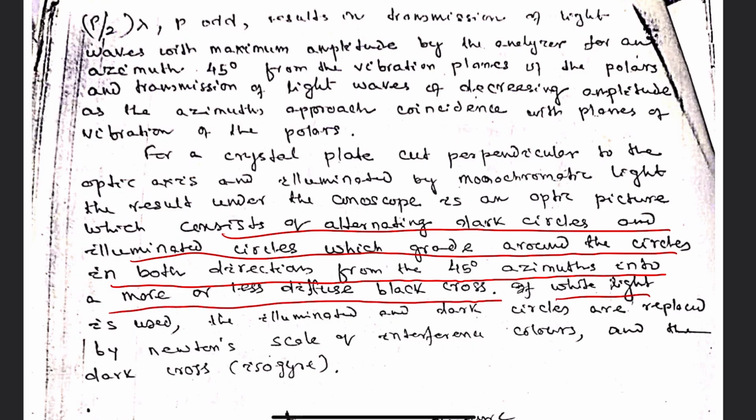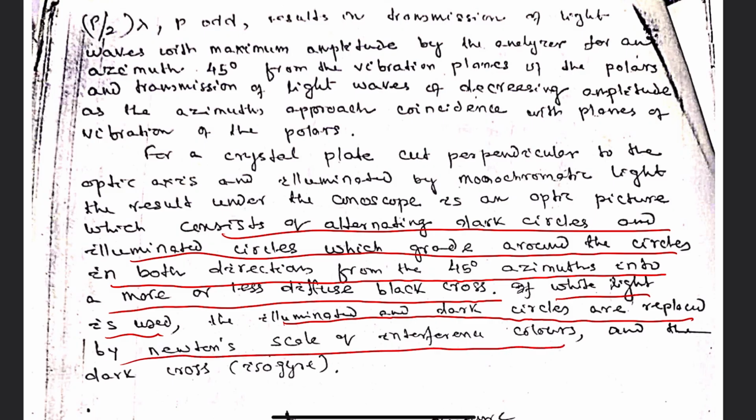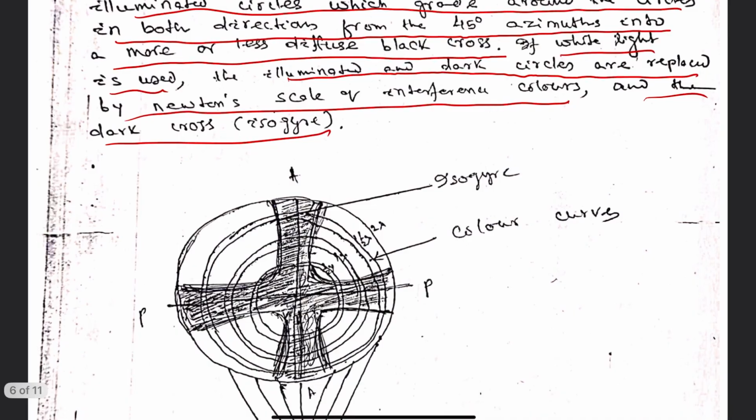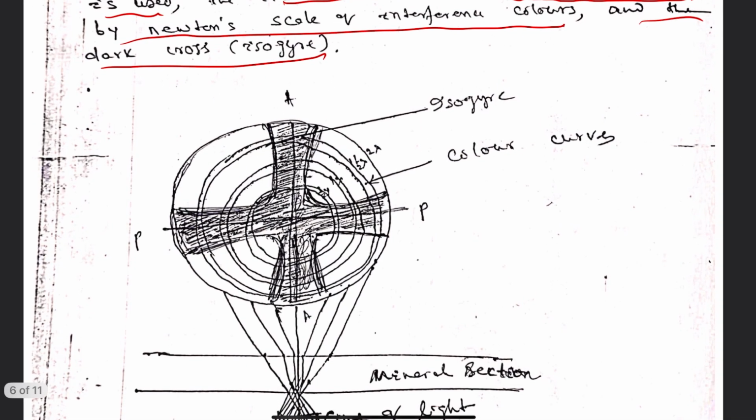If white light is used, the illuminated and dark circles are replaced by Newton's scale of interference colors and dark isogyre. So this is when you talk about the white light.